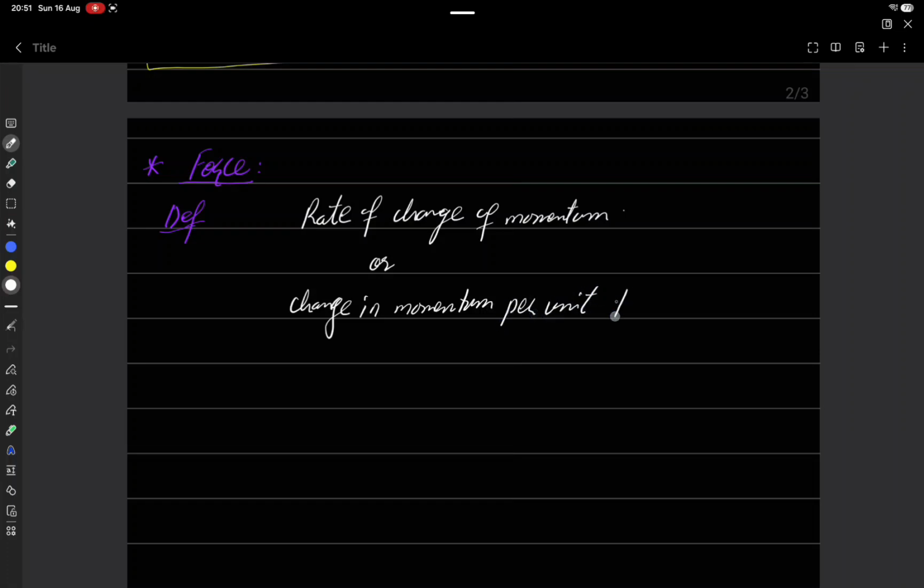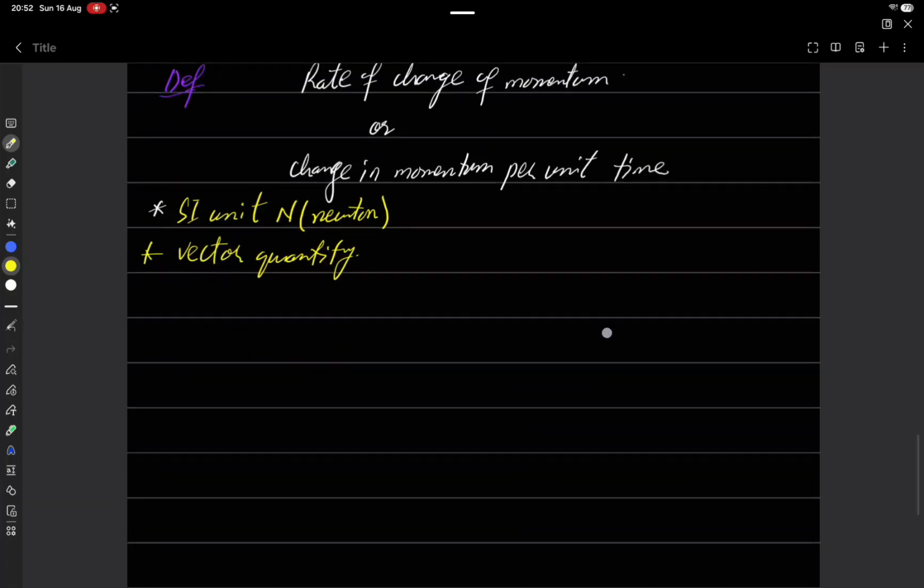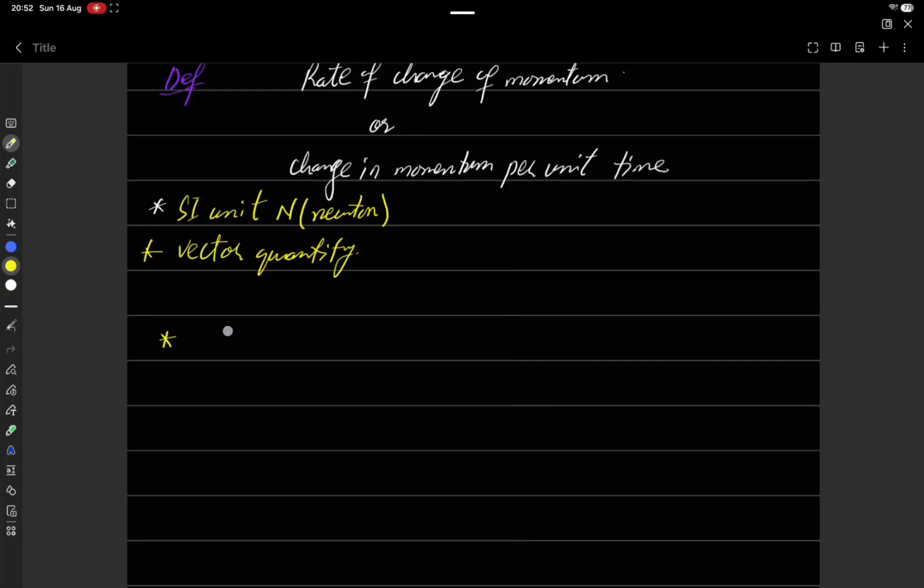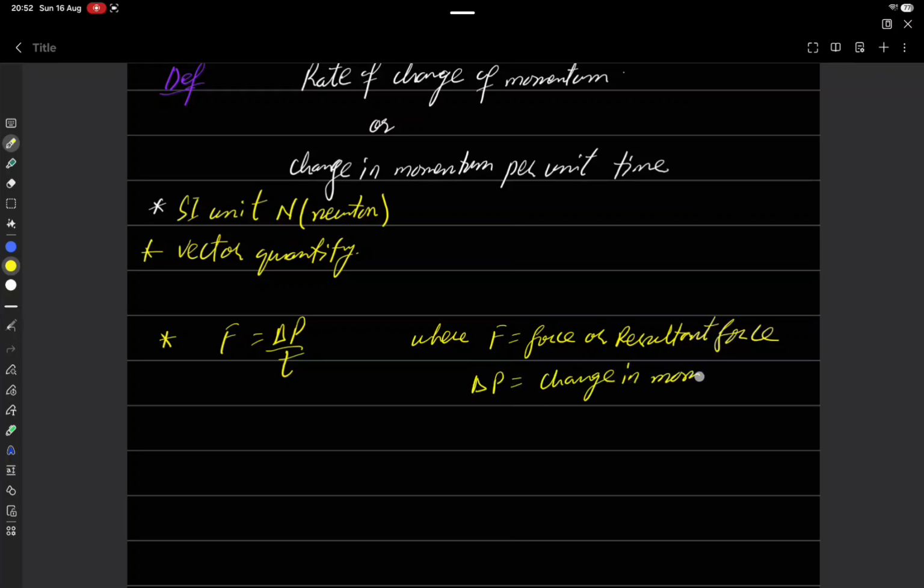SI unit is Newton, vector quantity. Force is equal to delta P divided by T, where F is force or resultant force, delta P is change in momentum, T is time.